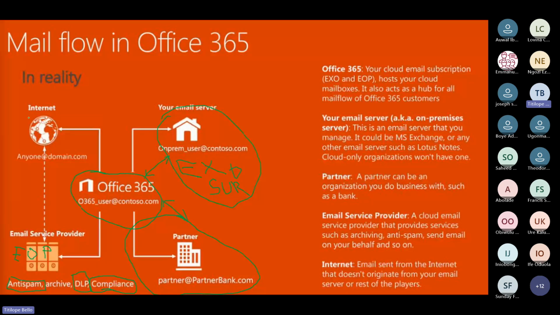The only time you start considering doing other things is when you have Exchange on-prem, or you have a partner organization you need to send email to, or maybe you want to co-locate or coexist with Google for a period of time, right? Those are special cases that will warrant advanced configuration for mail flow, right?